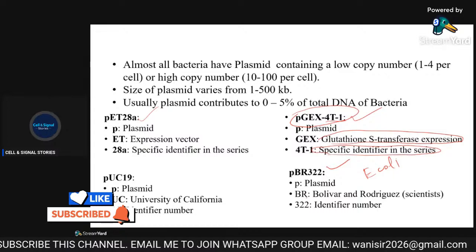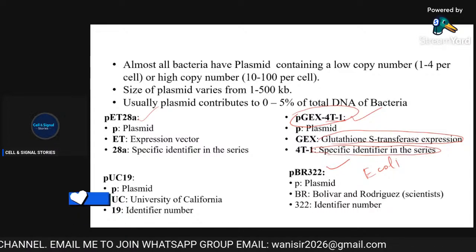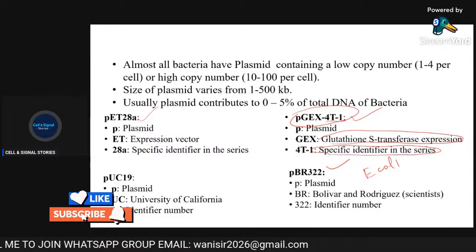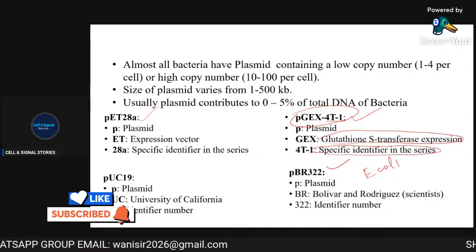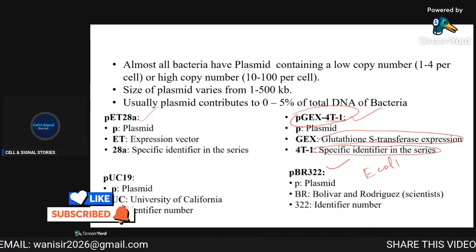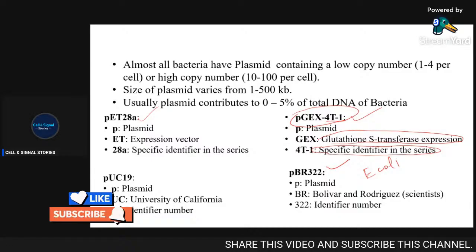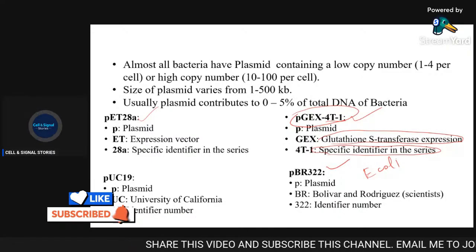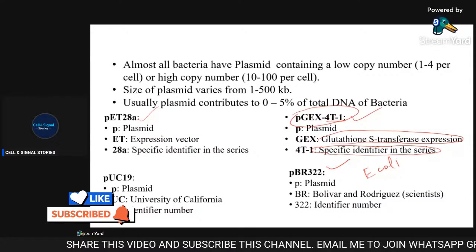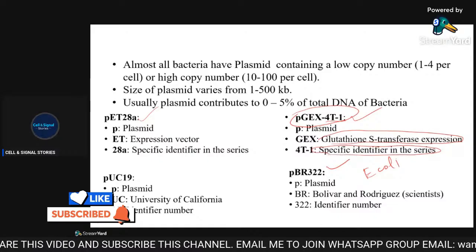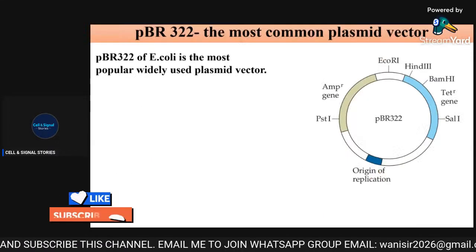The name pBR comes from the scientists who designed this vector, Bolivar and Rodriguez, and the identifying number is 322. After this, they designed other vectors, 323 and 324, and in the same way pUC 19, 20, 21.